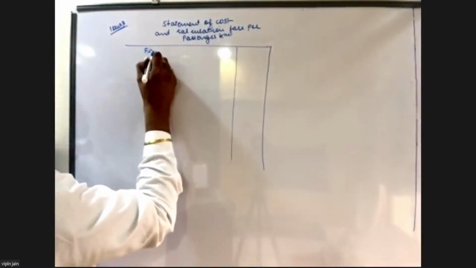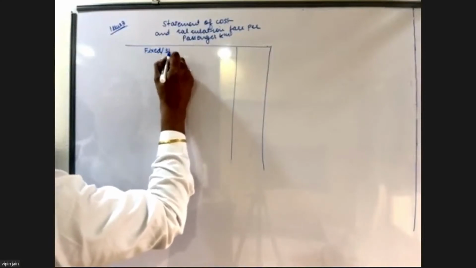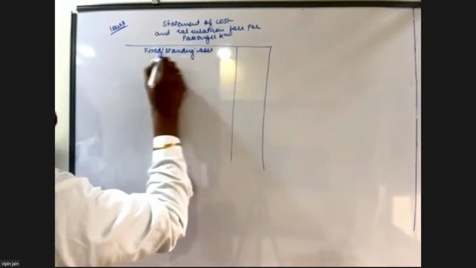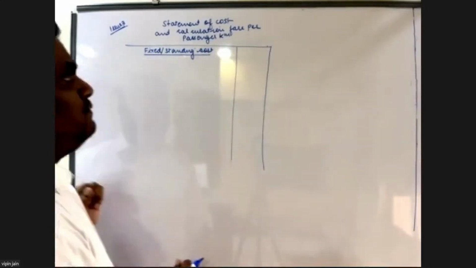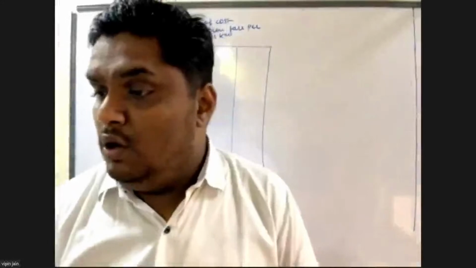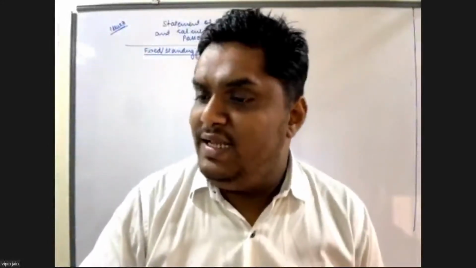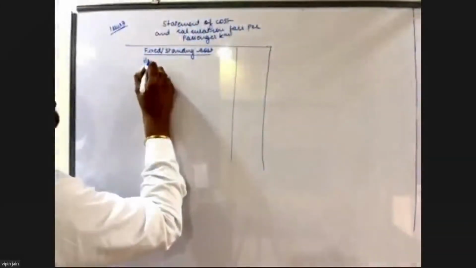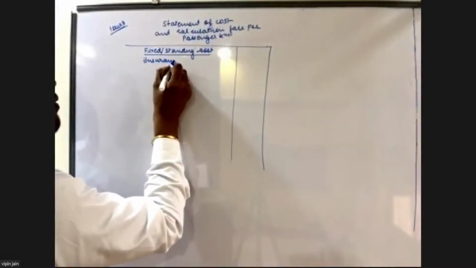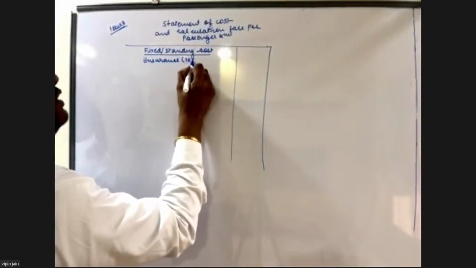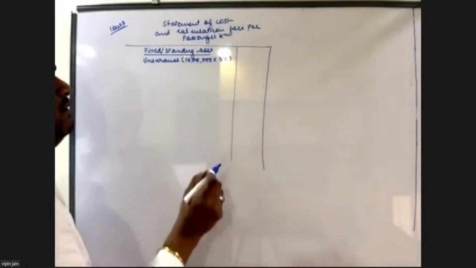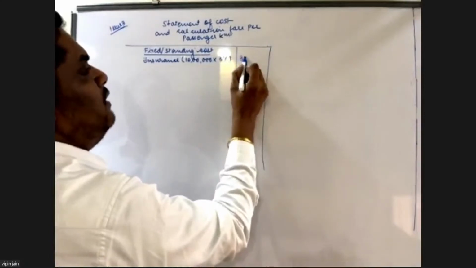So we start with fixed or standing cost. Here the cost of the bus is 10 lakh. It has been insured at the rate of 3%, so insurance cost will be 10 lakh into 3%, which is 30,000.